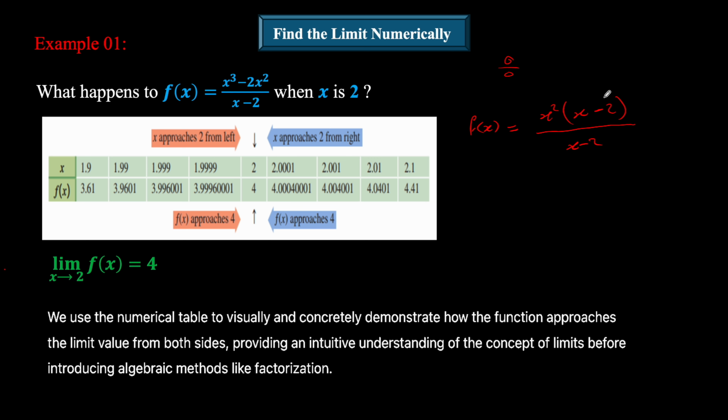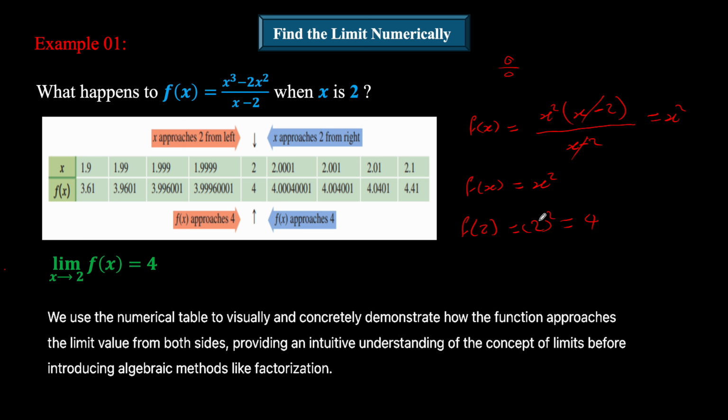So you see in this case, the x minus 2 in the numerator and denominator disappear, and you get x squared. So our function is now f of x equal to x squared. And now when x is 2, we replace x with 2, so this is equal to 2 squared, and this is equal to 4.